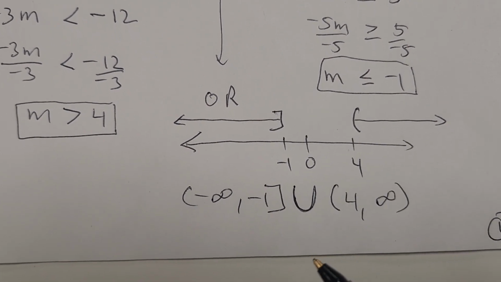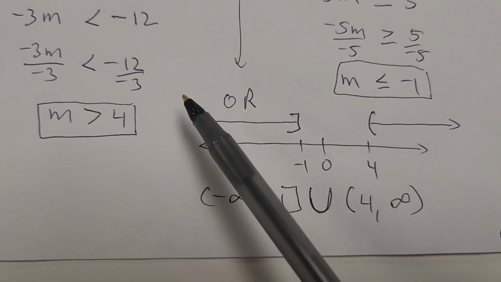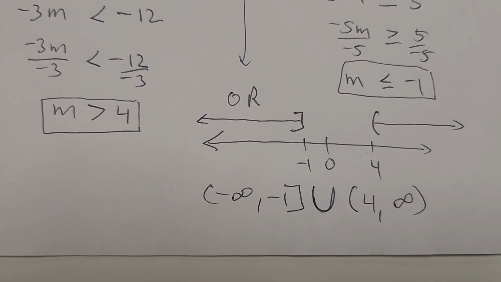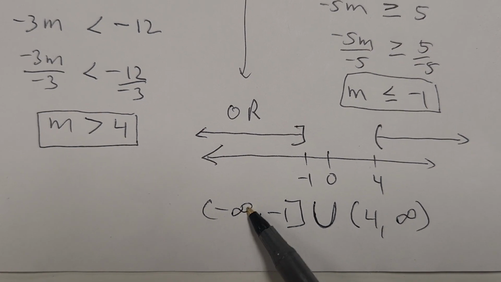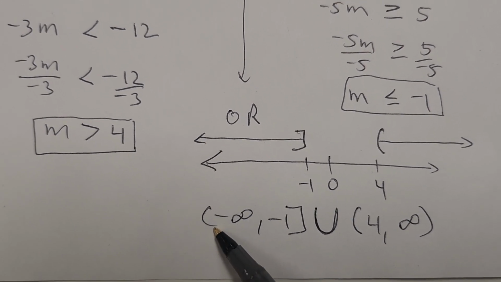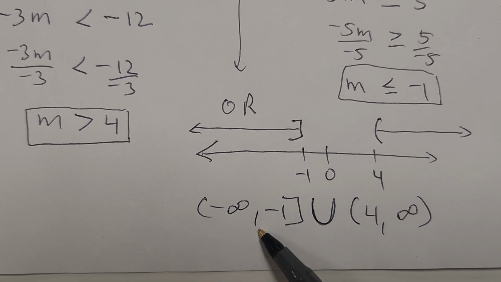Now use the graph to write interval notation. Here's my arrow. The arrow represents infinity. Since it is on the left side, it is negative. Infinity always has parentheses followed by a comma.